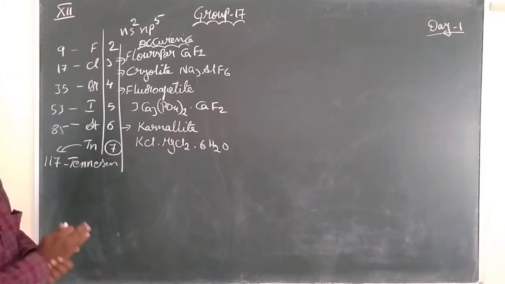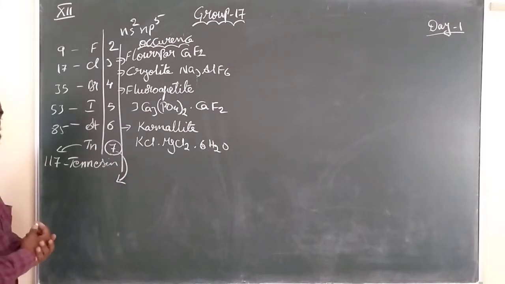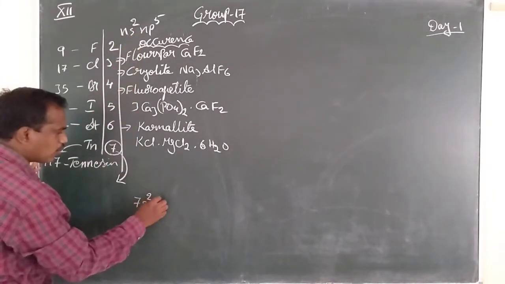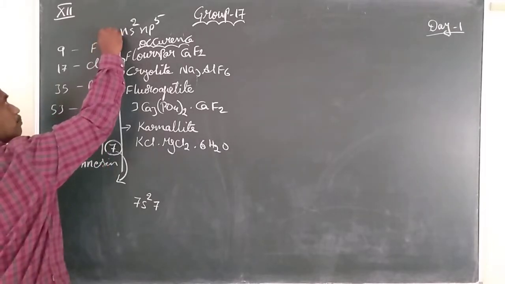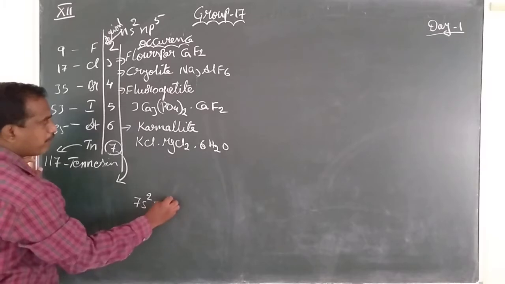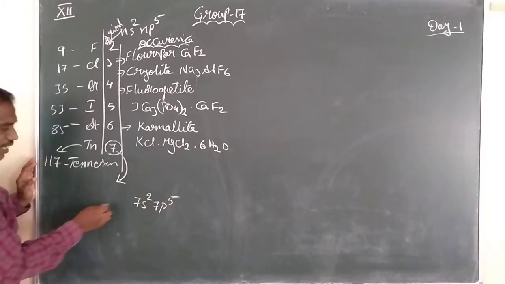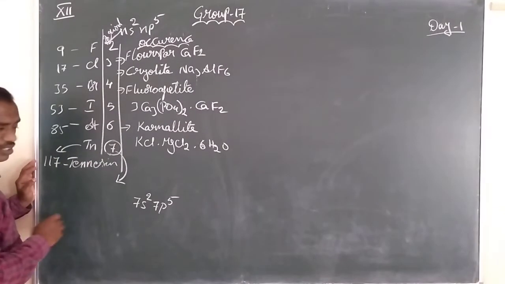For example, I am giving the electronic configuration of tennessine. What is the electronic configuration of tennessine? The outer electronic configuration is 7s2 7p5, where 7 is the period number. But before the 7s, in the 7th period, we will have f orbitals, right?